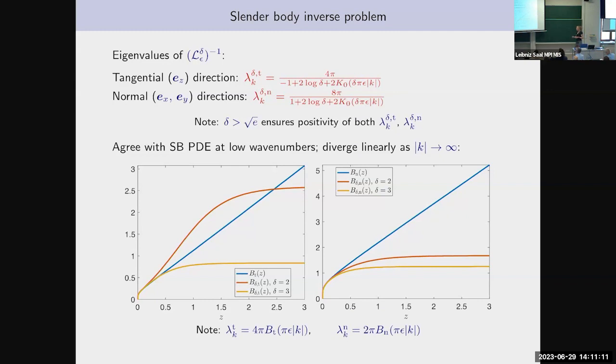And instead of blowing up at finite wave numbers, so this is for two different choices of regularization parameter, it just approaches some asymptotic bound. And then instead of diverging exponentially from the slender body PDE, it only diverges linearly at high wave numbers. Okay.